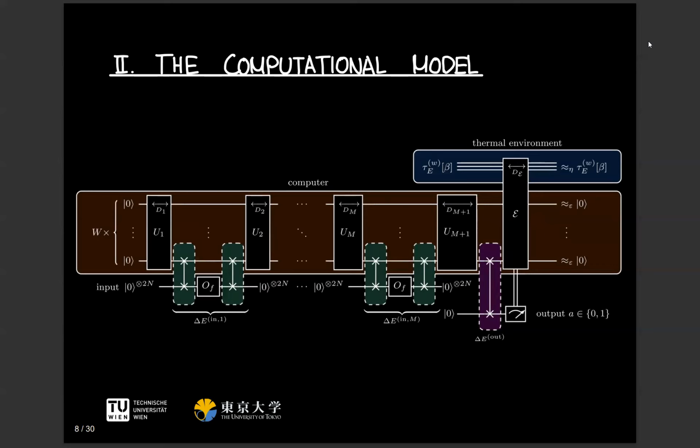Now the oracle queries can be modeled with a swap operation, and after, say, m queries, you will compute some output, swap this and measure the output, which will be your decision whether the function I've implemented is 1-to-1 or 2-to-1. At the end, you have to erase whatever is left in the memory, and for this you use a thermal environment.